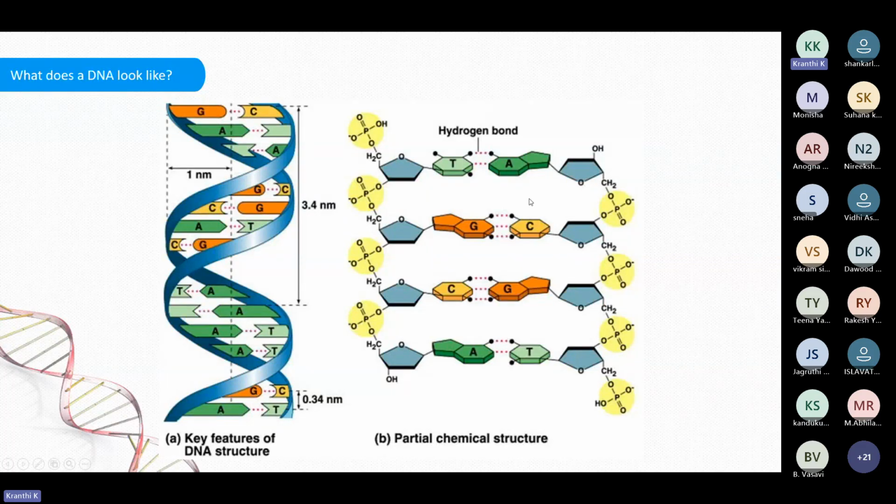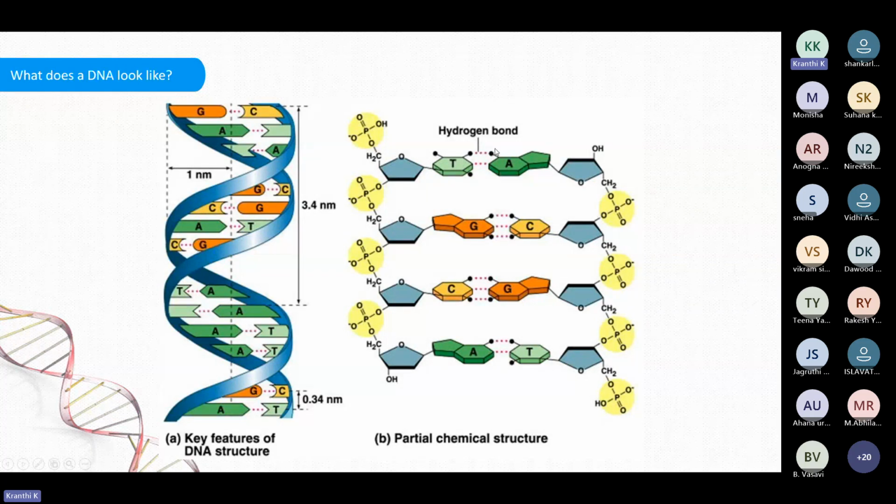Always thymine is linked with adenine with a double bond, and guanine is linked to cytosine. The hydrogen bond between thymine and adenine is a double bond, and the bond between guanine and cytosine is a triple bond. As I told you, these are reversely coiled, meaning inversely, right? One is coming from the 3-5 direction, the other from the 5-3 direction. So oppositely they are coiled.